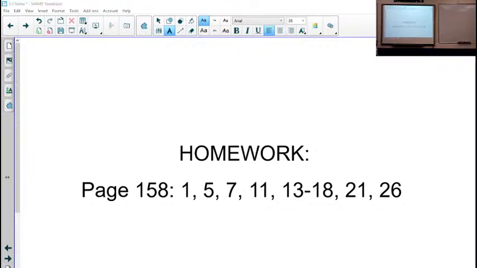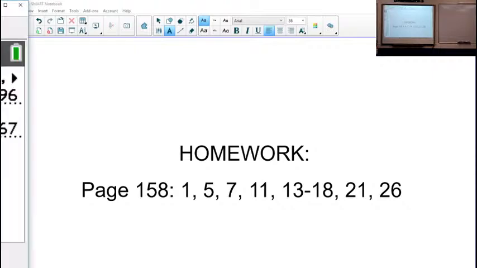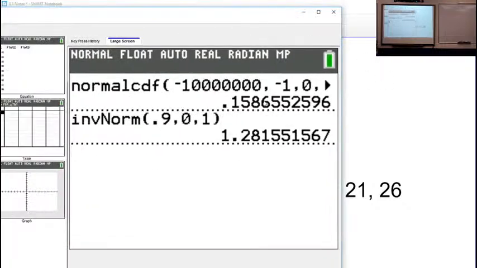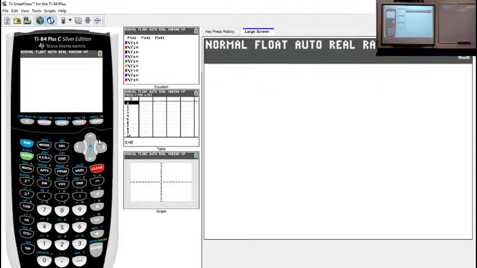But the first place you want to go is to your lists. And the general steps we're going to use is we're going to put our x in list 1, we're going to put our y in list 2, and then we're going to graph them in a scatter plot. Here we go. Oh, we have some normal CDF and inverse norm there. Let's get rid of that. So we got a set of data.